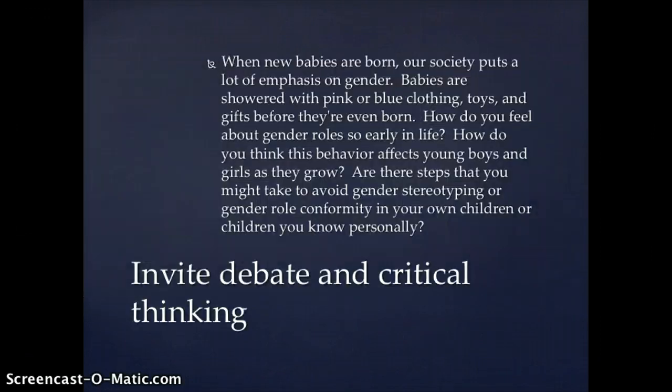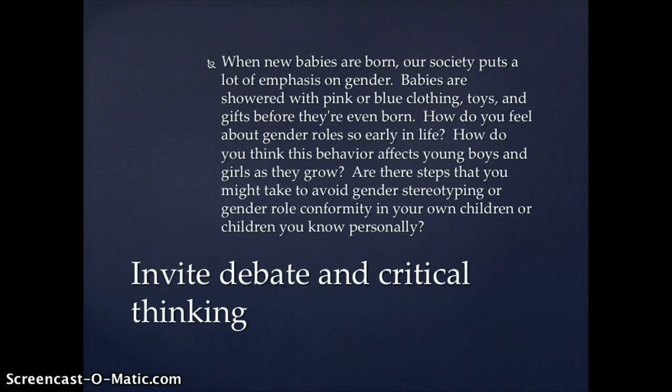student-to-student interaction. You might consider inviting debate and critical thinking skills into your discussion. Here's an example of one discussion board prompt. When new babies are born, our society puts a lot of emphasis on gender. Babies are showered with pink or blue clothing, toys, and gifts before they're even born. How do you feel about gender roles so early in life?